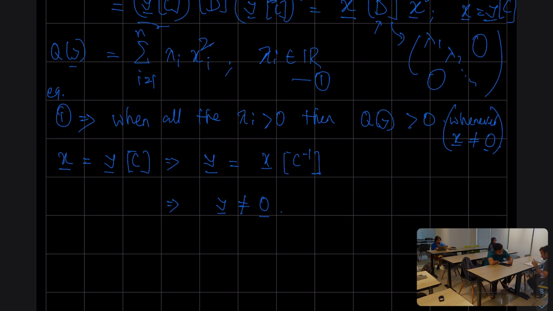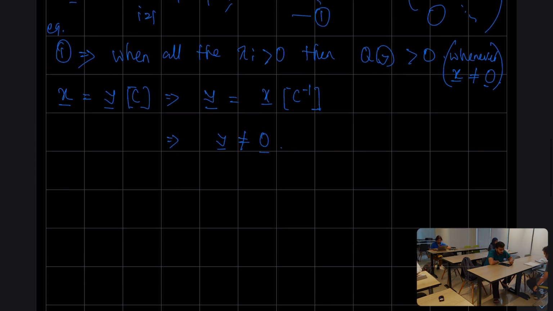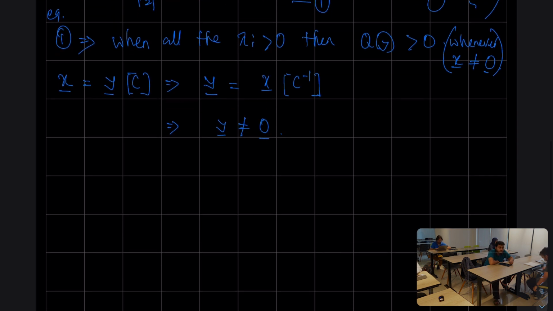Now here the if and only if comes in. The if and only if statement was for y, not for the eigenvalues. So conversely, you start with Q of y greater than 0 for all y not equal to 0.